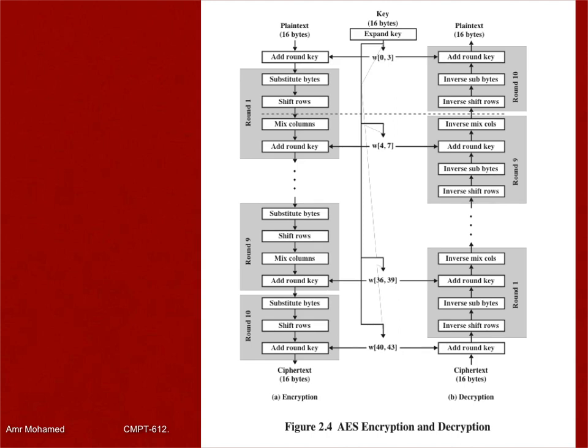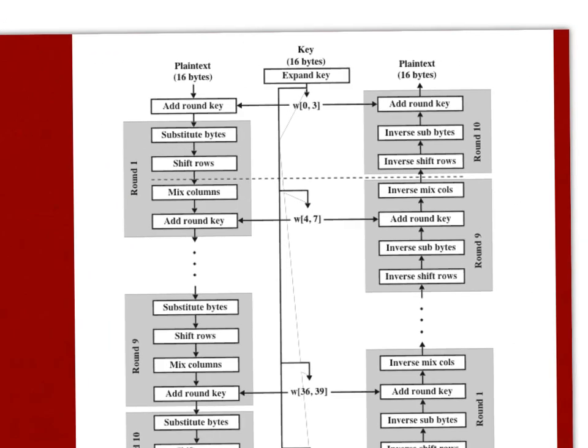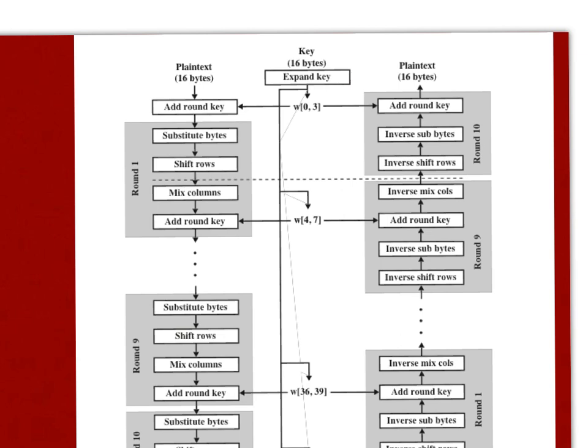So this is the structure of AES. Similar to DES and triple DES, we also have a key expansion technique. But one thing we notice here is that the key is 16 bytes. As you can see, from now on, we will not see 64 bits, 56 bits. All of these are bytes, okay? So there is no bit level operations or manipulations. So we have here the key expansion.